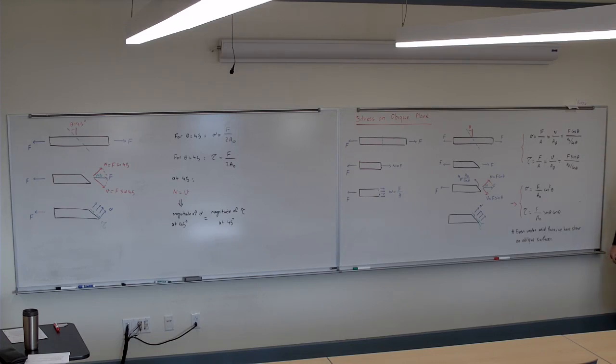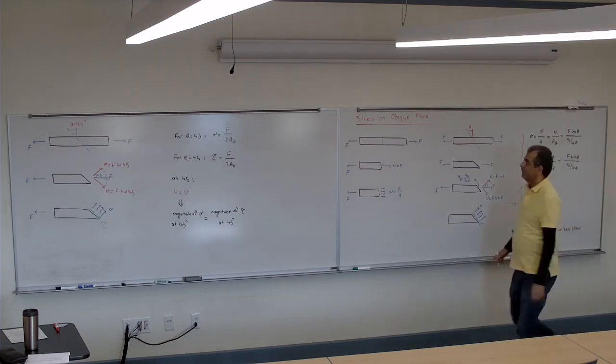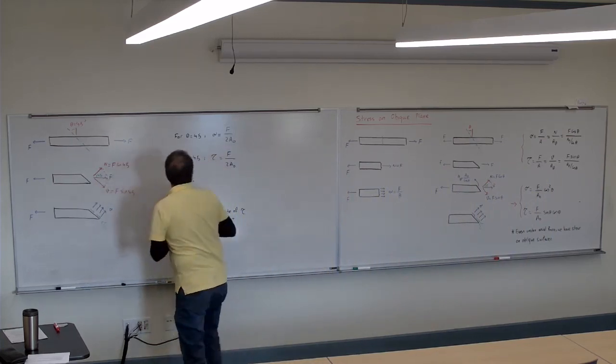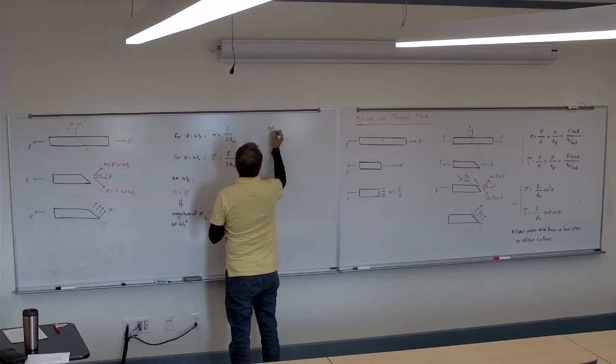When cosine theta is maximum, when theta is 0, cosine 0 is 1. So we get the sigma max.